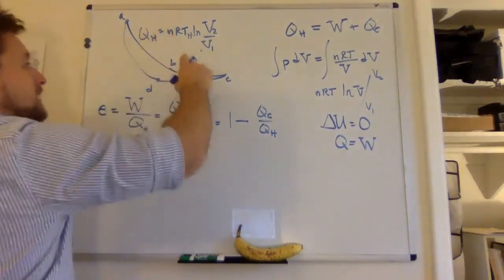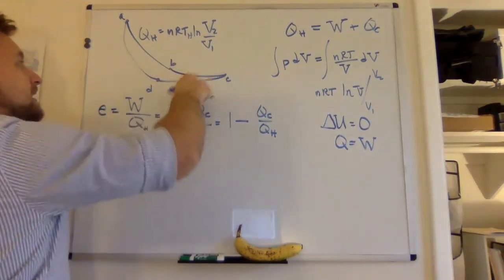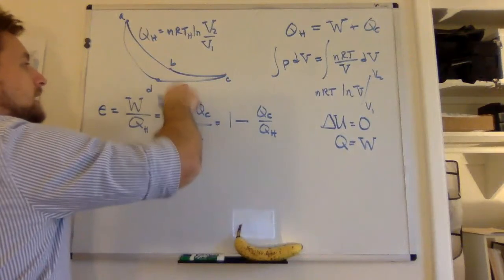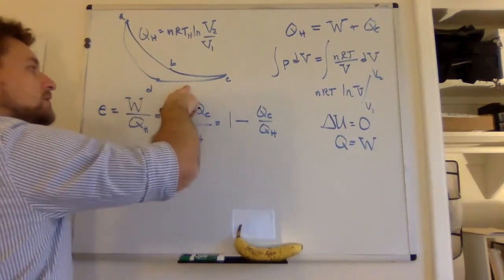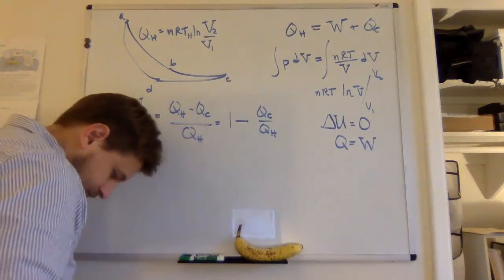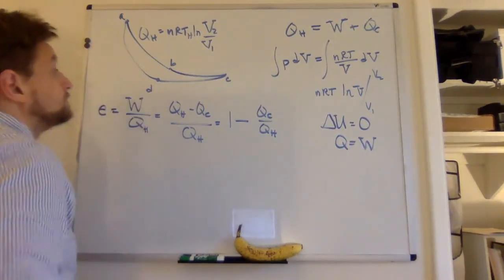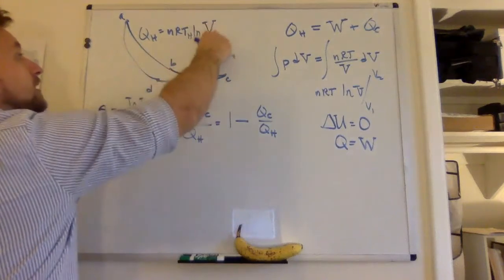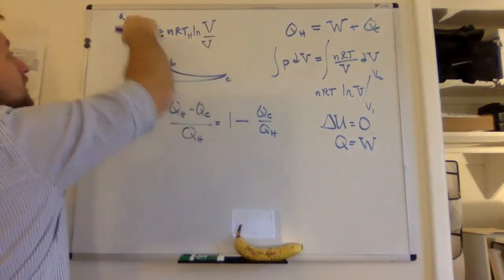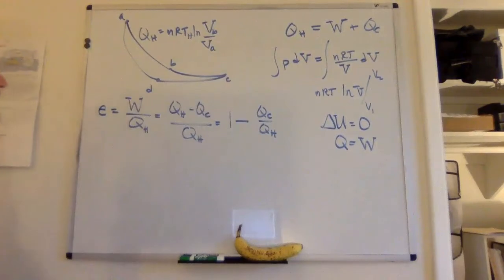Okay, then we get adiabatic expansion. Then we get an isothermal compression. All right, hold on. Not 2 and 1, but B and A. And this is the trick.